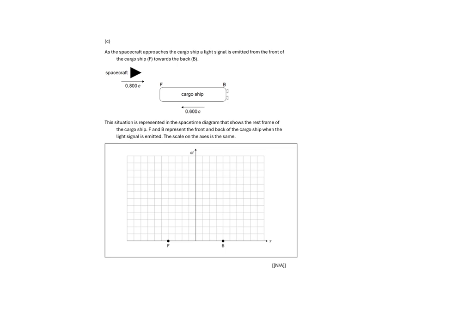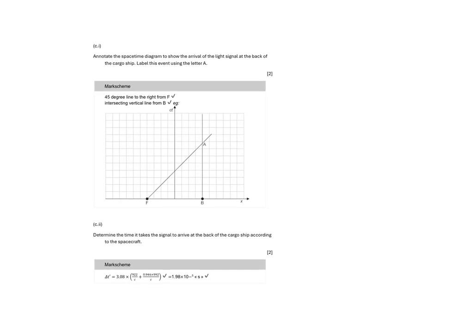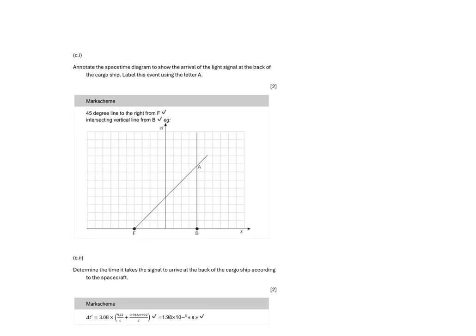Is there a part C I? Yes. Annotate the space-time diagram to show the arrival of the light signal at the back of the cargo ship, from front to back. Label this event using the letter A. So it's going to come from F and go to B, but we can't draw it straight across, because that would be literally instantaneous.